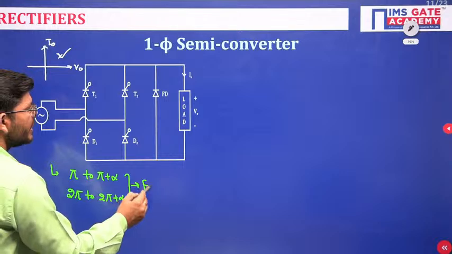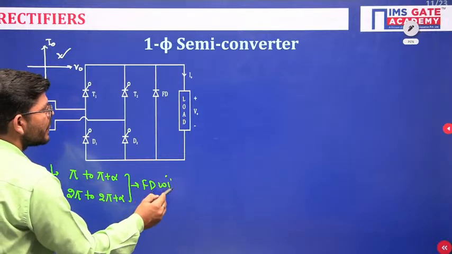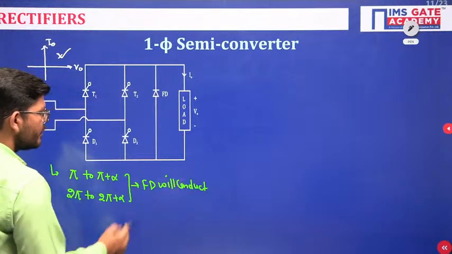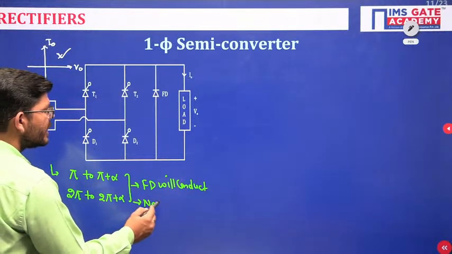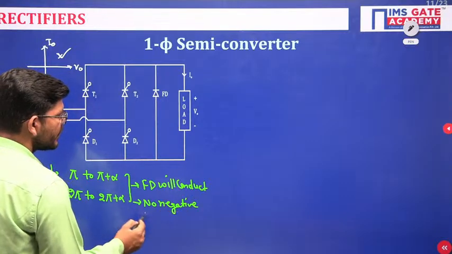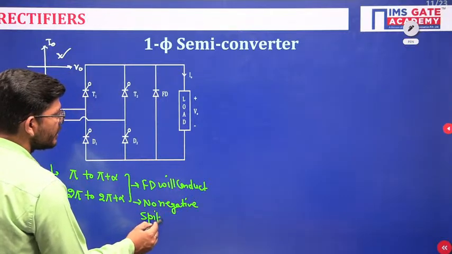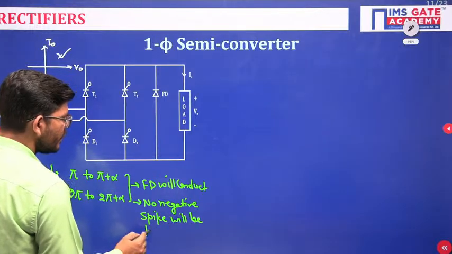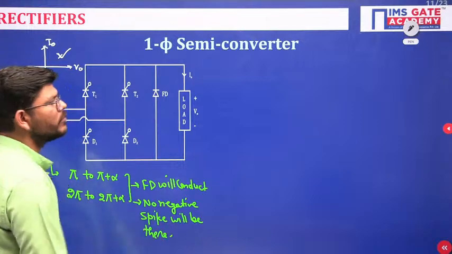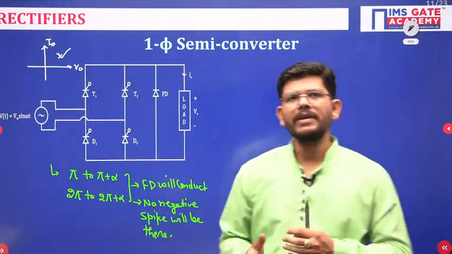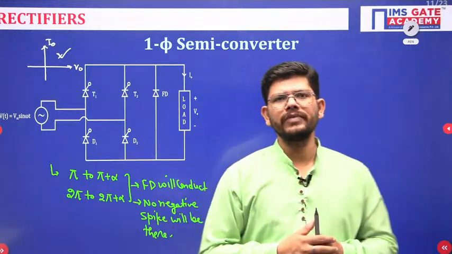The freewheeling diode will conduct, and no negative spike will be there. So what is the advantage of using a freewheeling diode? No negative spike will be there, so no power transfer from load to the source will happen.